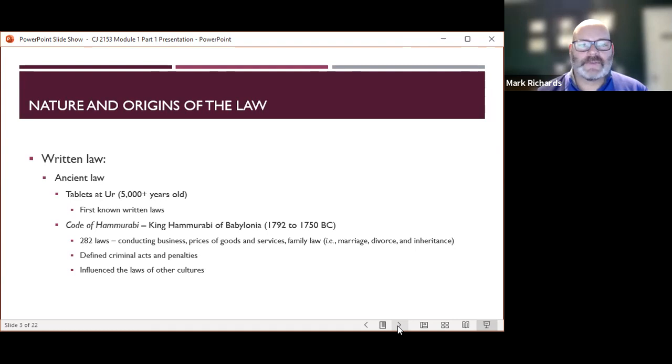As I stated, the laws within the code define criminal acts and penalties. If you acted, you were responsible for serving this type of penalty or paying this type of fine. The Code of Hammurabi is significant because it influenced the laws of other cultures throughout time.